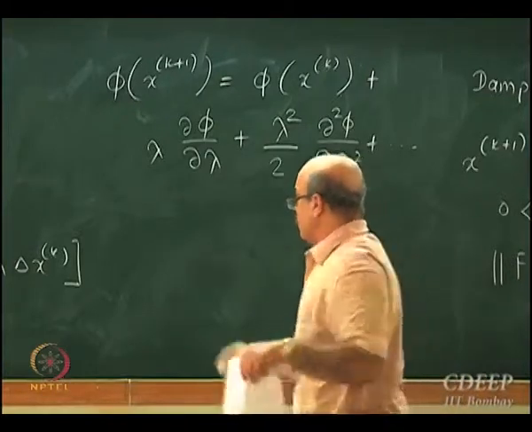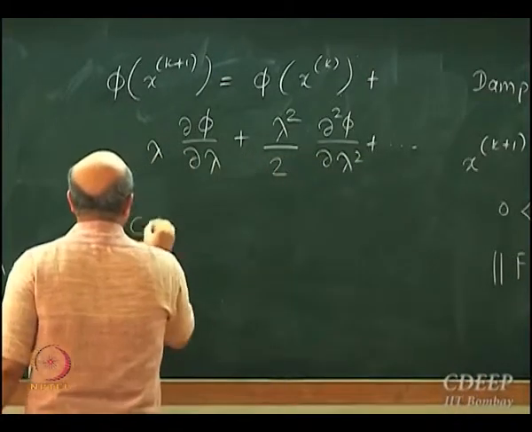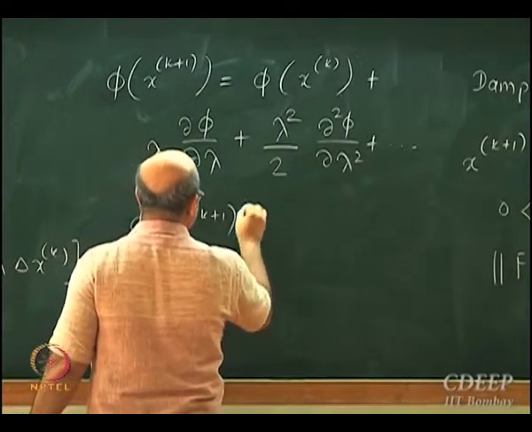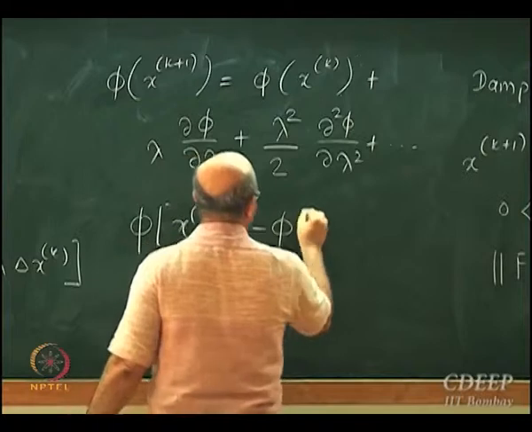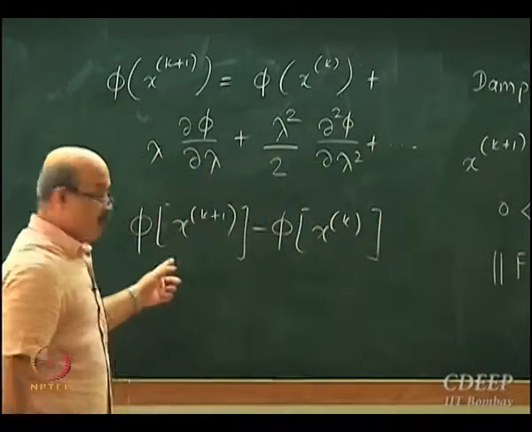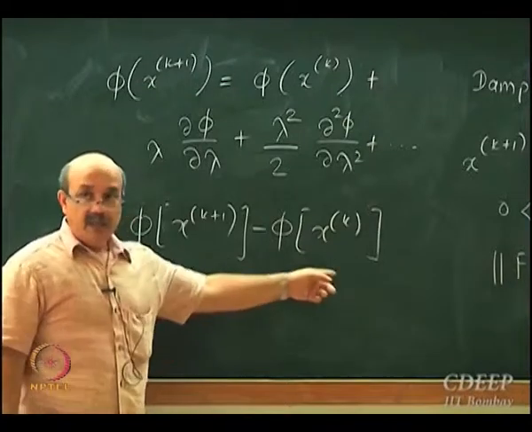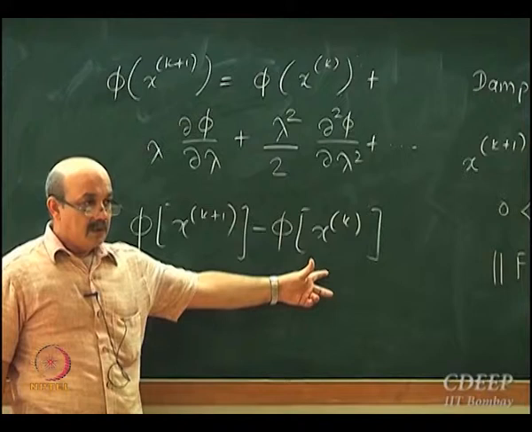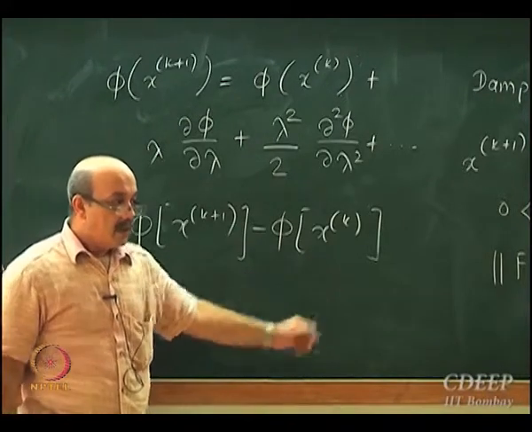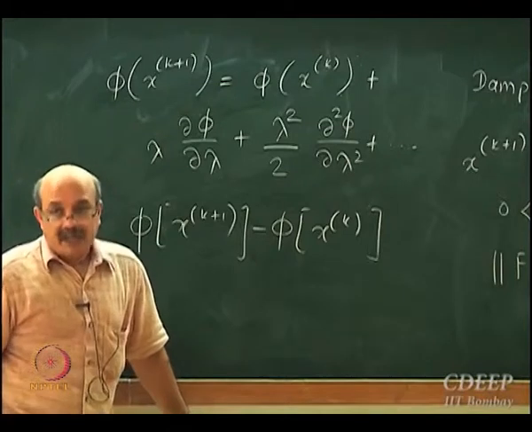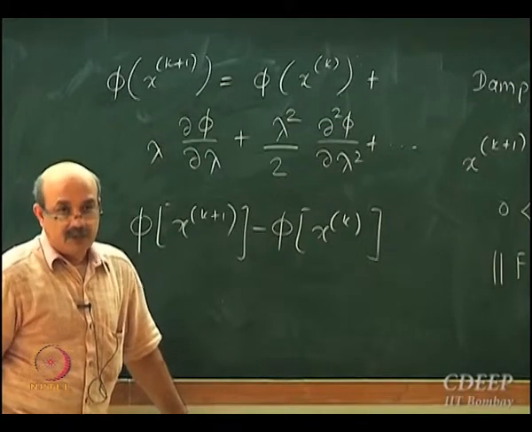Now what should happen is phi x k plus 1 minus phi x k, what should this quantity be, positive or negative? It should be negative. This quantity should be negative.